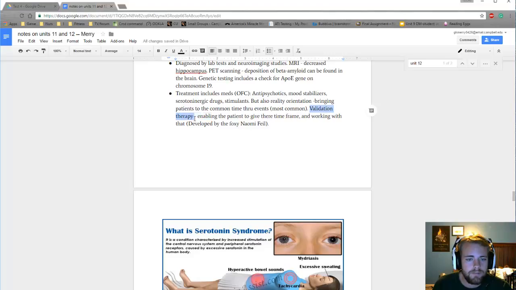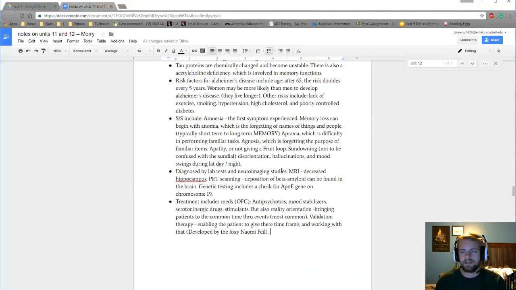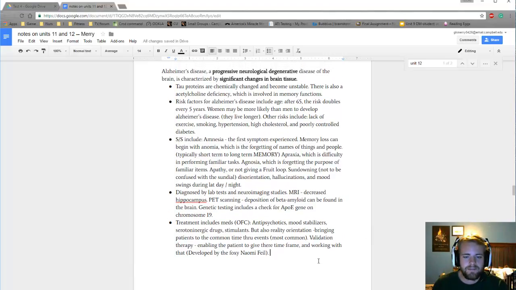Bless that sacred meat. So validation therapy was developed by Naomi Feil, and it's enabling the patient to give their time frame in working with that. So it's not so much accepting that they are, you know, not thinking right. It's letting them live out their fantasy. Like they could be withholding how they feel.